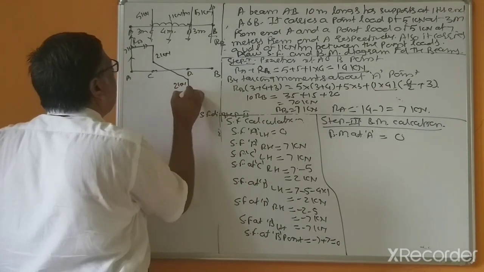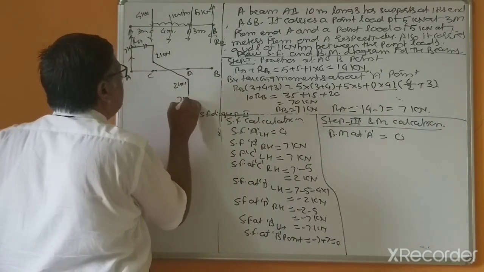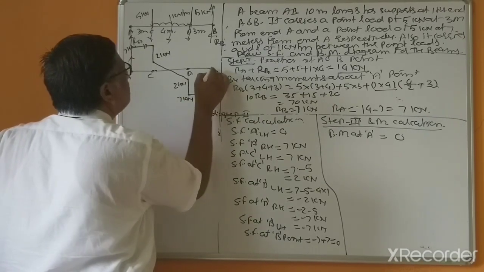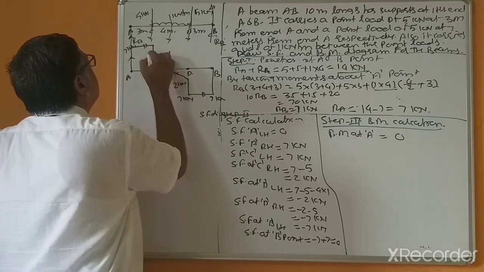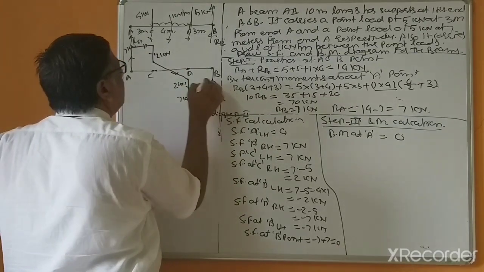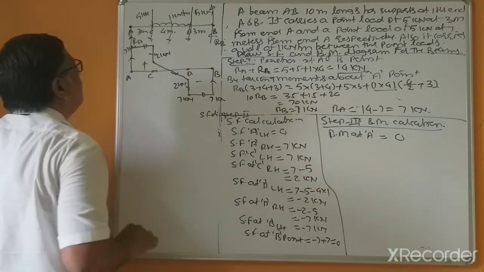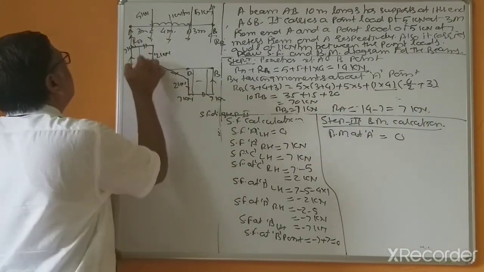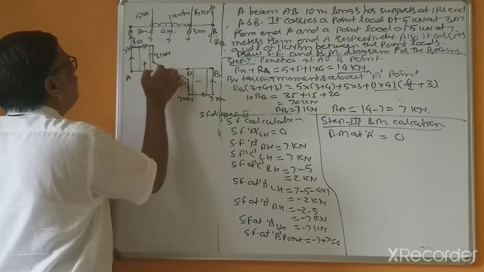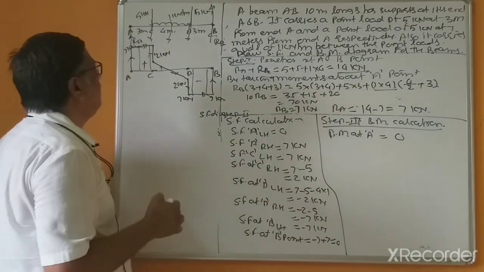And at D point again 5 kilonewtons, means this is 7 kilonewton, here 7. And this is your shear force diagram, positive and negative, right?